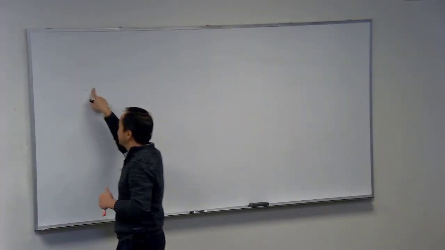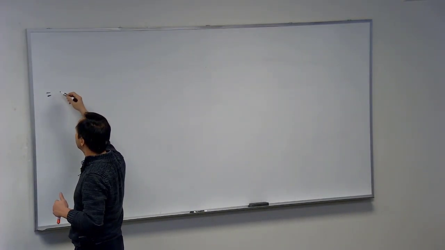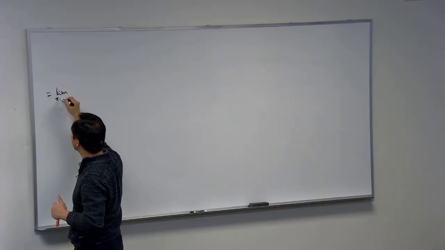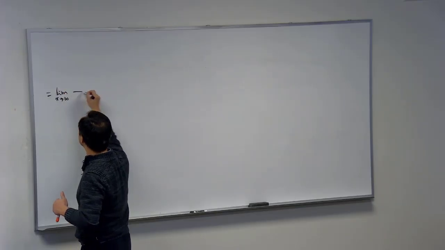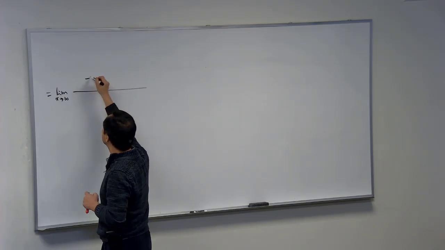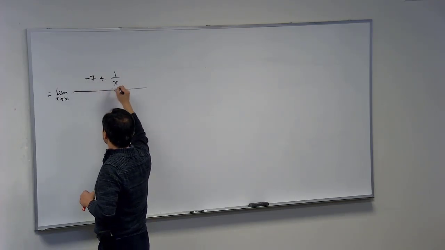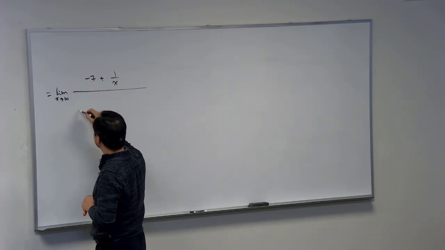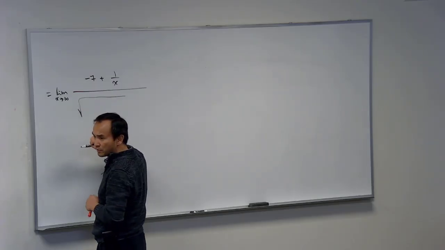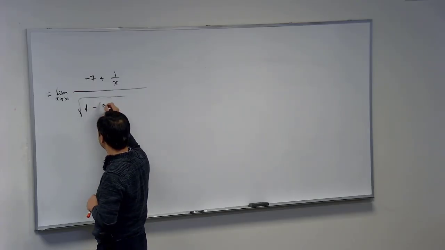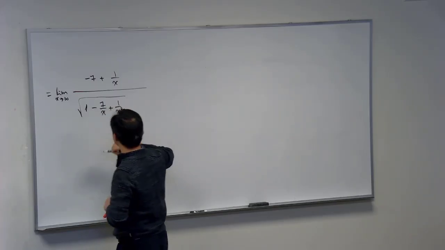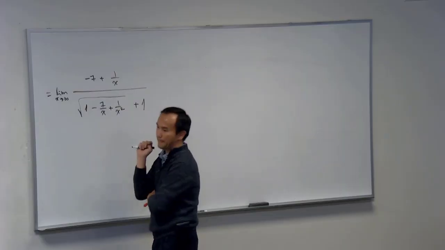So now in my next step, I'm still keeping a little bit of notation. Hold on here. Got the minus 7 plus 1 over x. Here, there's the square root expression. After distributing the 1 over x squared, I'm going to look at 1 minus 7 over x plus 1 over x squared, right? Plus 1.